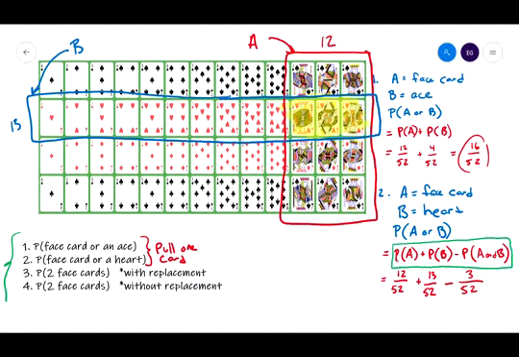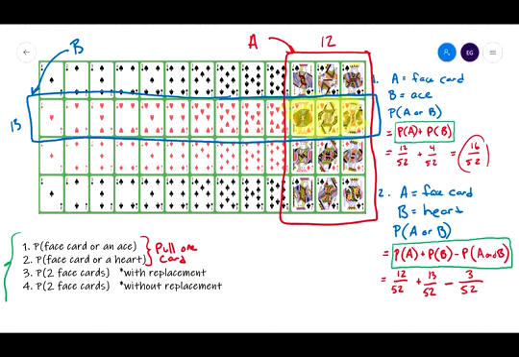And if your events are disjoint, meaning there's no overlap, then the probability that the outcome is part of both A and B is 0. So for disjoint events, you could drop that last term. Okay?